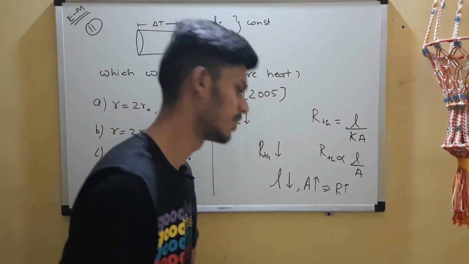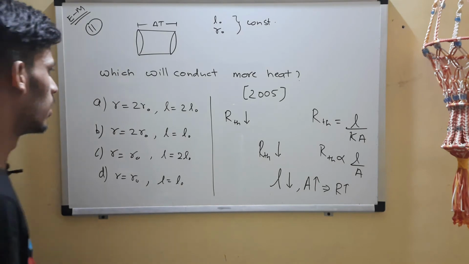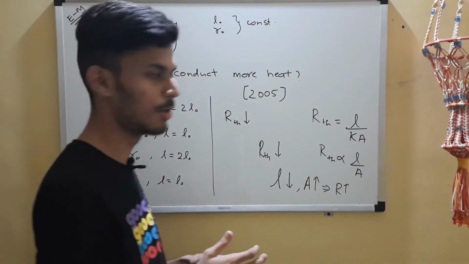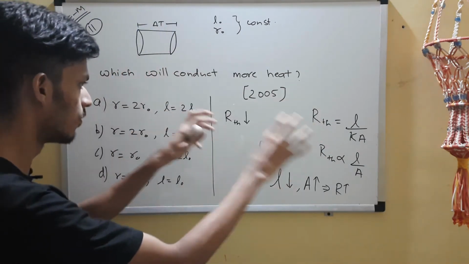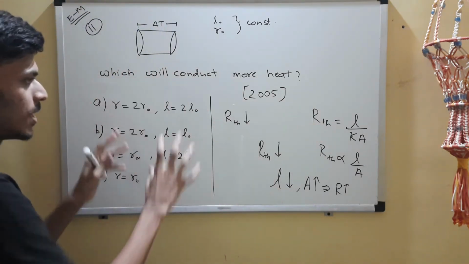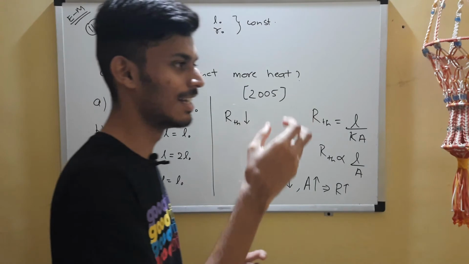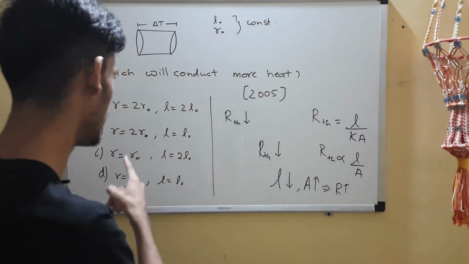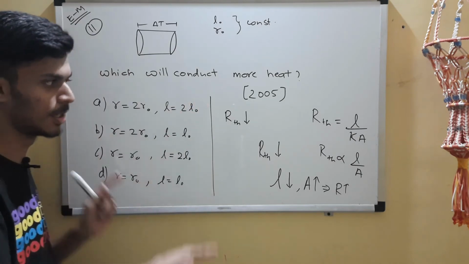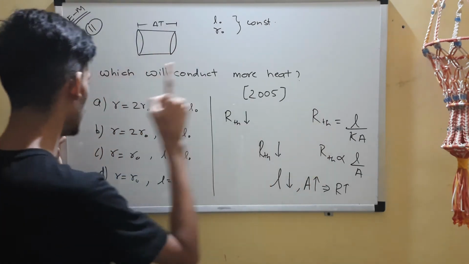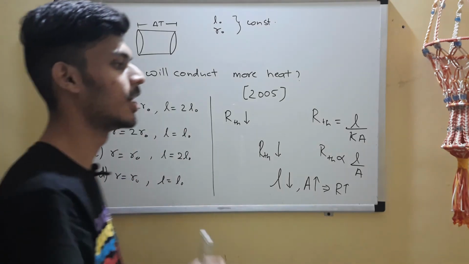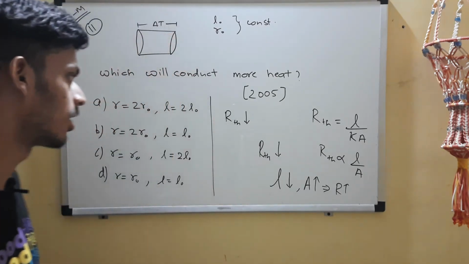So let's compare between the options. Actually, the thing that you can do is substitute each of these values, find R thermal for each of A, B, C, D, and then find which R thermal has the minimum value. Whatever dimensions give you the minimum value for R thermal, that will be your correct choice.